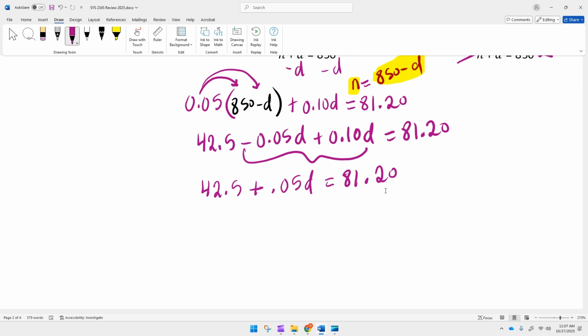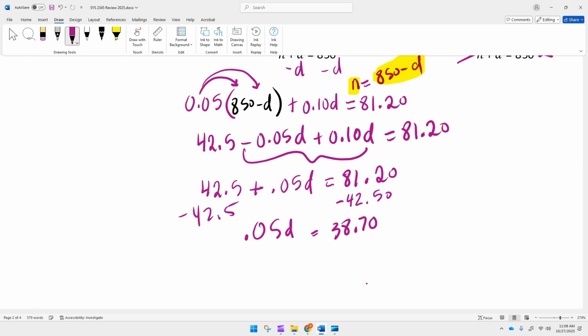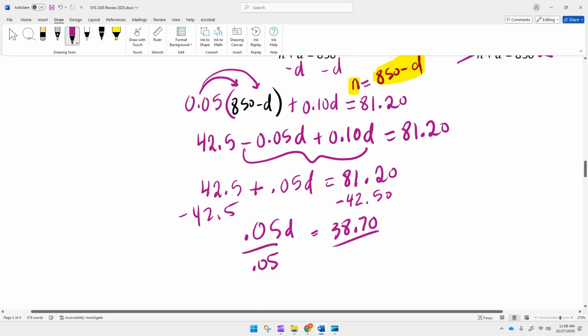We're going to subtract 42.5 from 81.20. That's going to give me 0.05 D equals 38.70. Divide by 0.05.